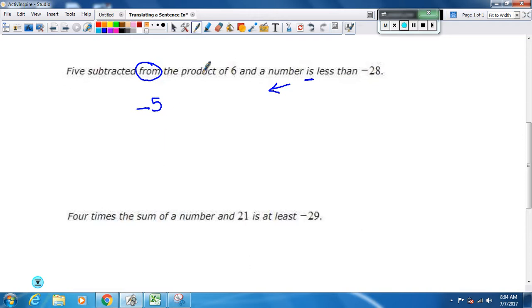Here's what I'm going to subtract it by: the product of 6 and a number. Product means multiply, and in algebra, when you multiply, you put two things side by side. You don't use any other symbols. So this is 5 subtracted from the product of 6 and a number is less than negative 28.